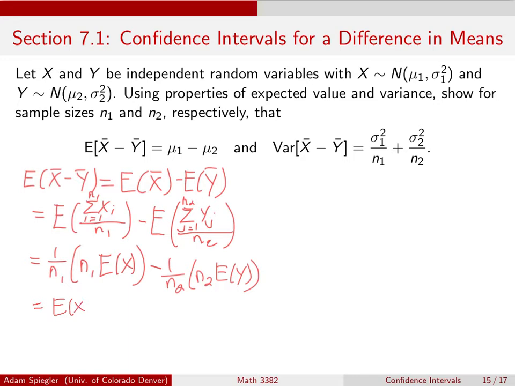So what's left is the expected value of X minus the expected value of Y, in other words, mu x minus mu y. Let me just say that we've already seen the expected value of x bar is mu x, and the expected value of y bar is mu y. So we could have just said from this stage that we've already seen this is mu x and this is mu y.